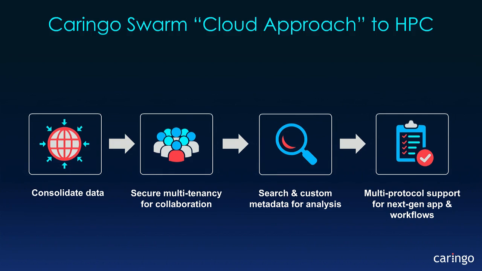We provide that support for search and custom metadata collections for analysis, and then we can surface that via multiple protocols for next generation applications and workflows, such as Swarm NFS, the S3 API personality, and so on.